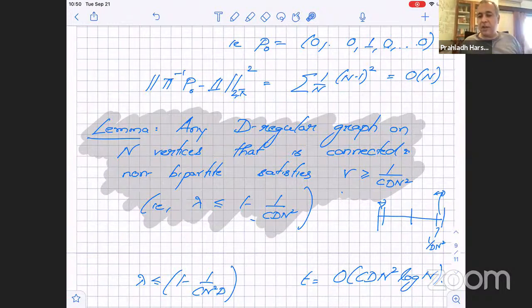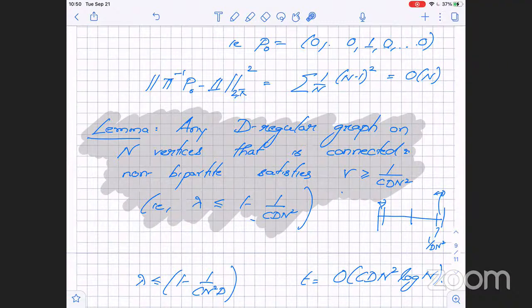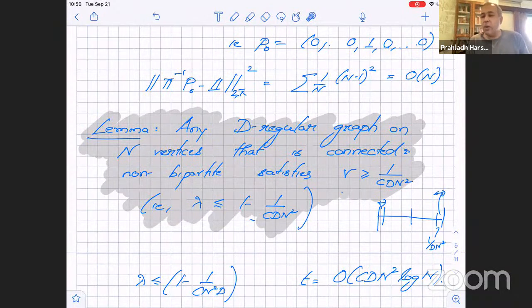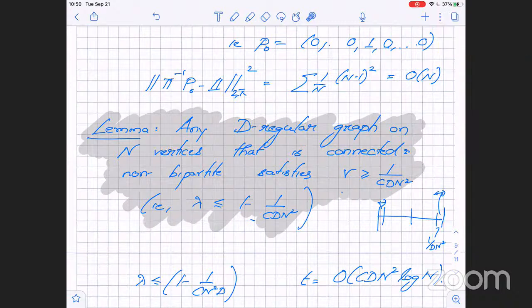I can only prove it if the d-regular graphs were connected and non-bipartite. Okay. No. I'm not telling you the graph has this spectral gap. I'm telling you any graph which is connected, this gap will not be 0. Okay. Yeah, I got it.